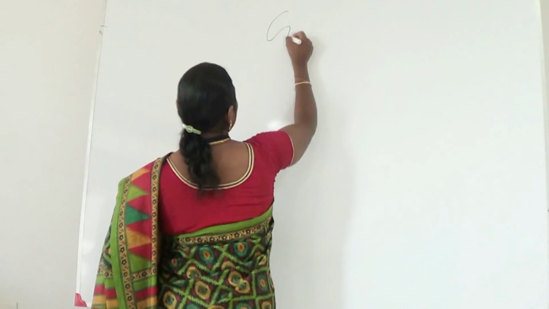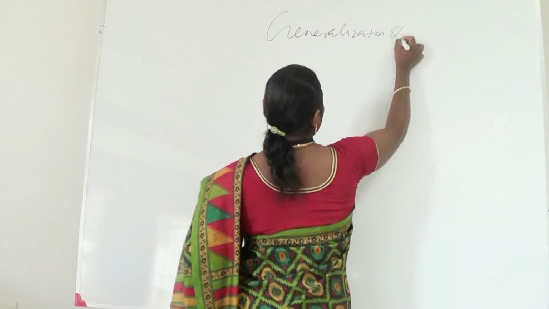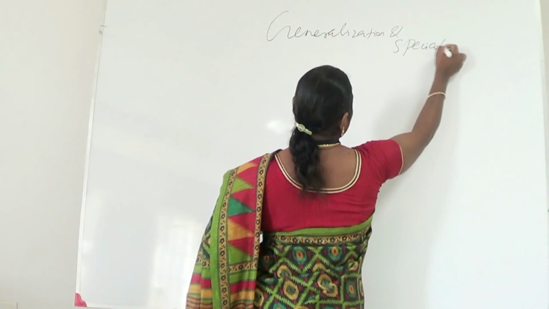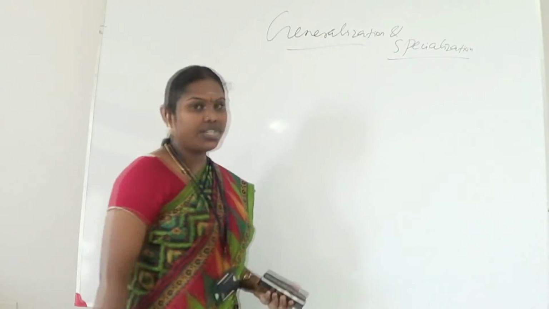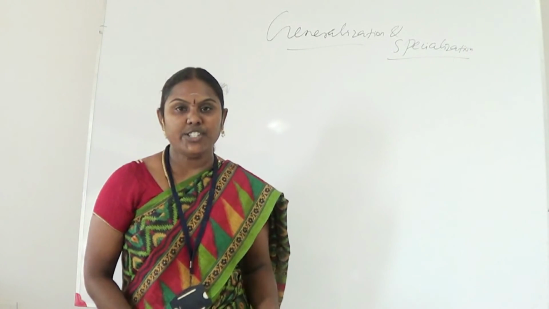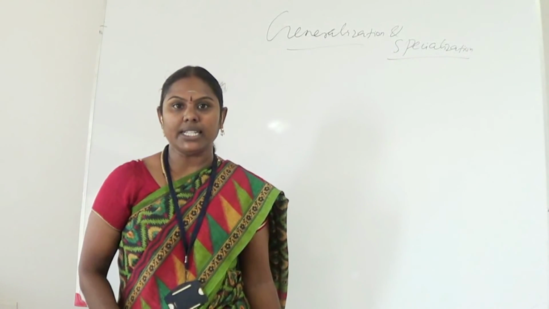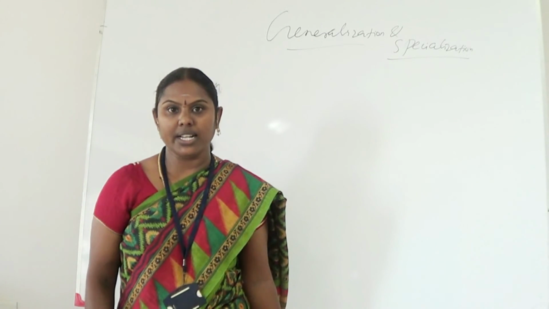Next thing is generalization and specialization. Generalization and specialization is a hierarchy of relationship among the classes. In generalization, the common characteristics of the different classes can be combined into one generic class.